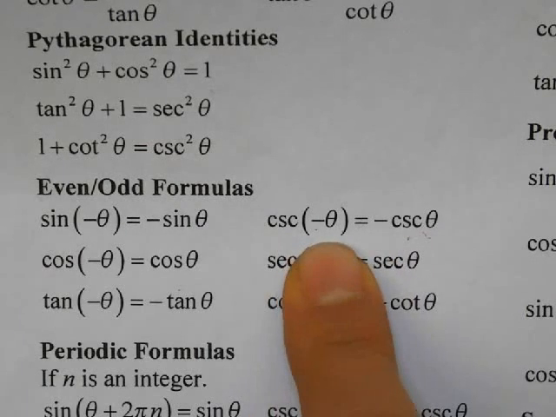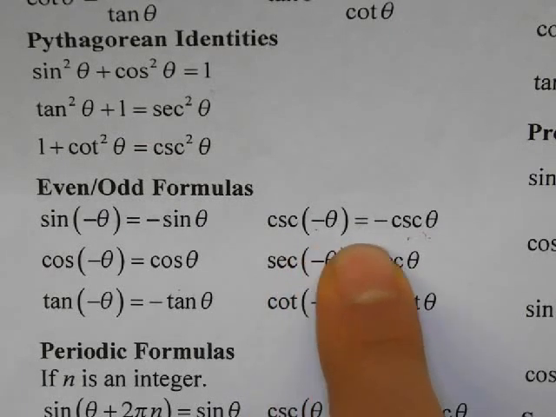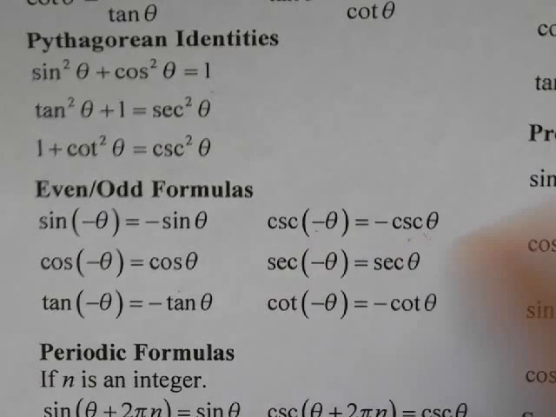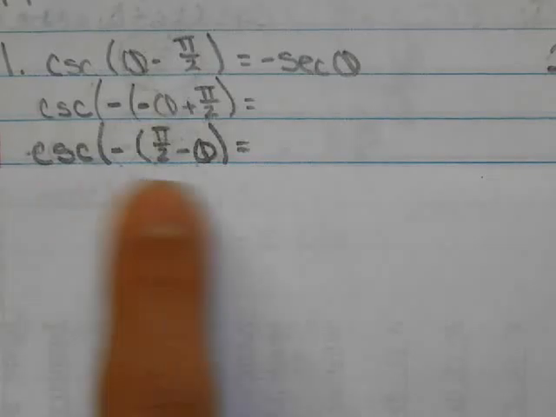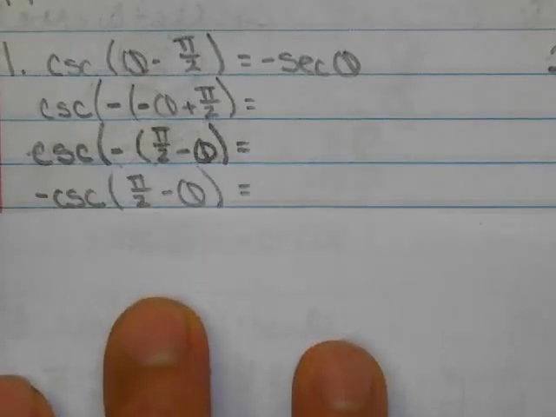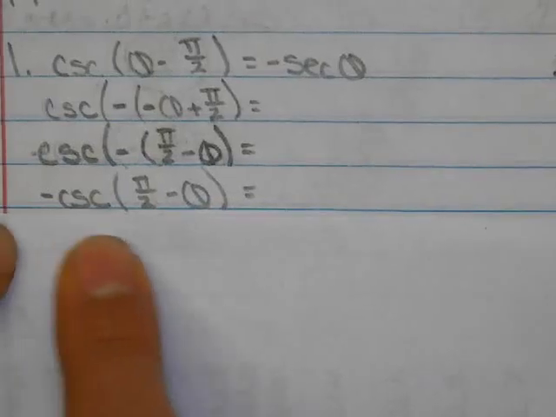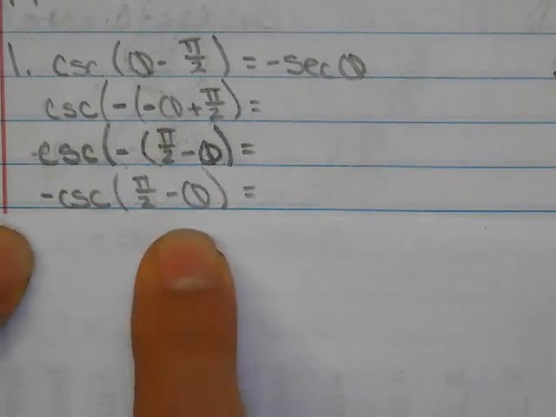So since pi over 2 minus theta is just another angle, I'm taking the cosecant of a negative angle. And again, that's the same as the negative cosecant of that same angle.